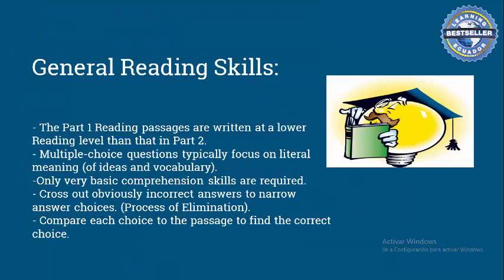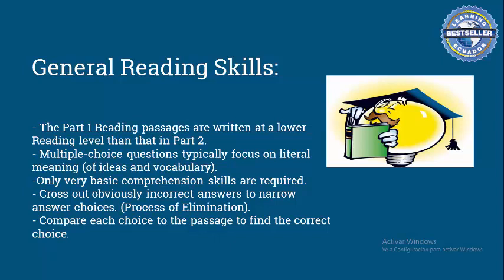Now, here we have some general reading skills, okay? The Part 1 reading passages are written at a lower reading level than that in Part 2. Multiple choice questions typically focus on literal meaning of ideas and vocabulary.